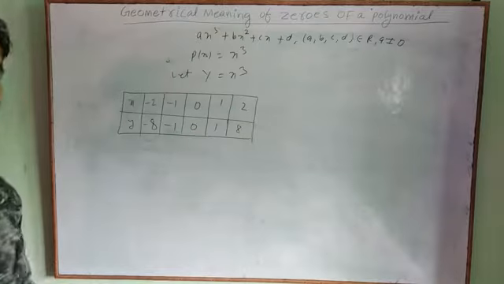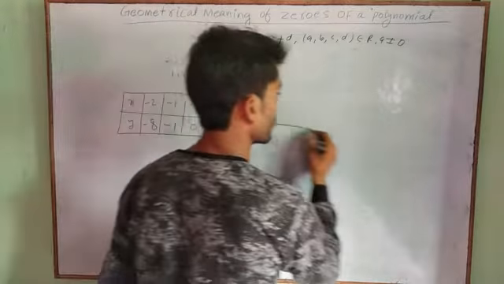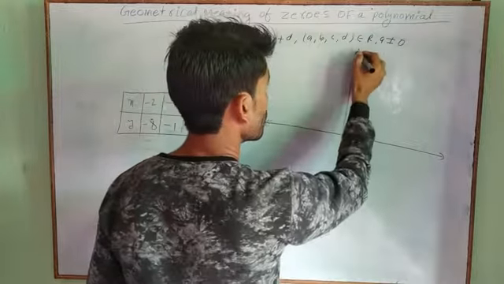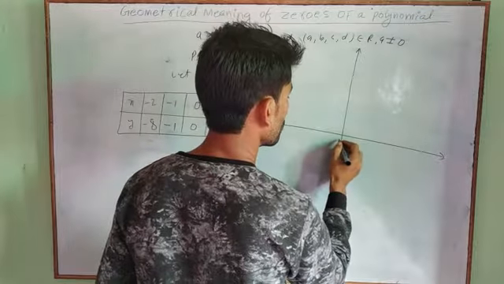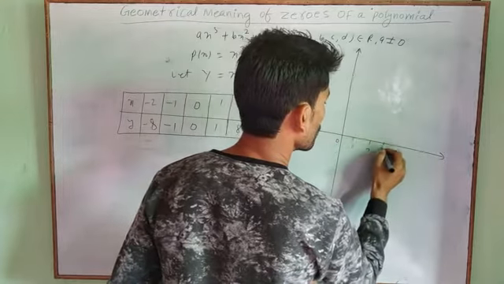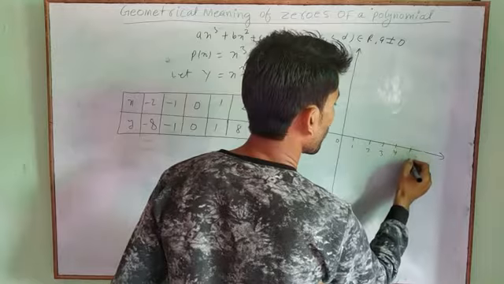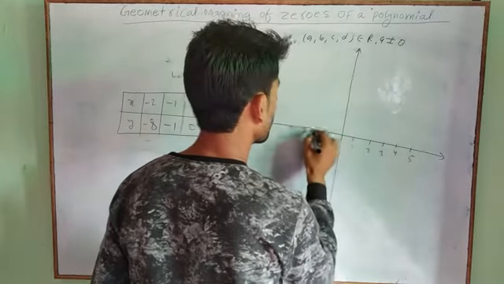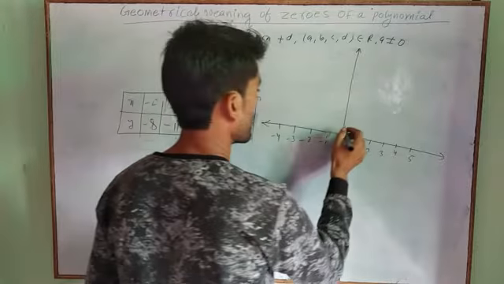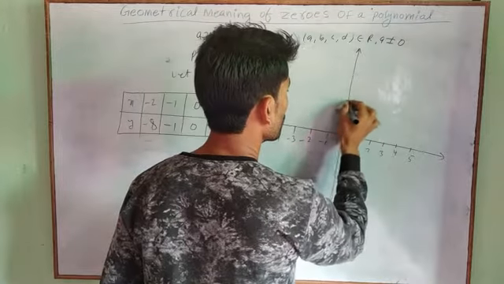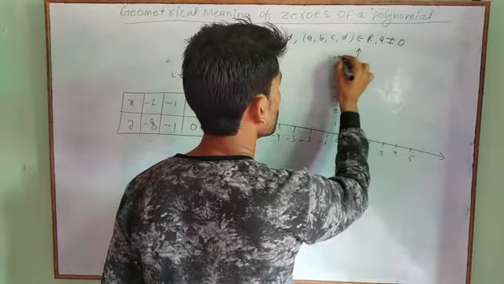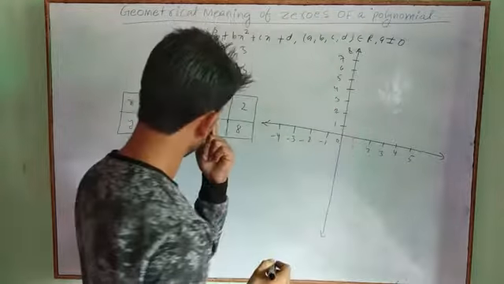Okay. Now let's draw the graph for this. So what we'll see here, 0, that is 1, 2, 3, 4, 5, -1, -2, -3, -4, and the y value is 1, 2, 3, 4, 5, 6, 7, and here is 8, right?